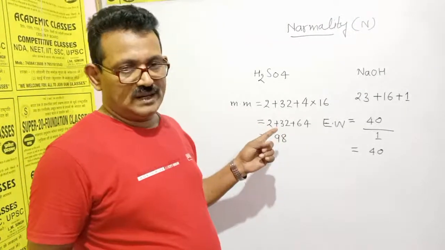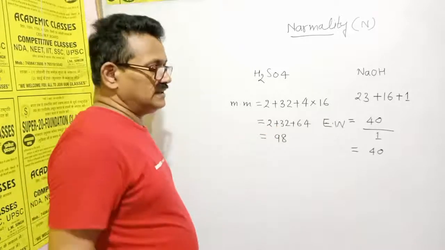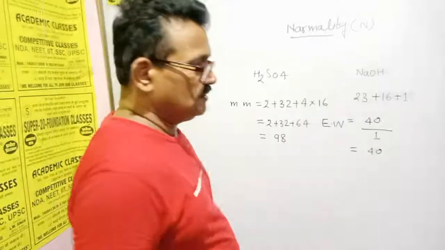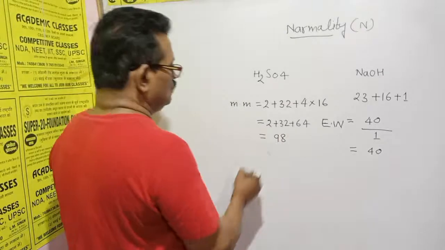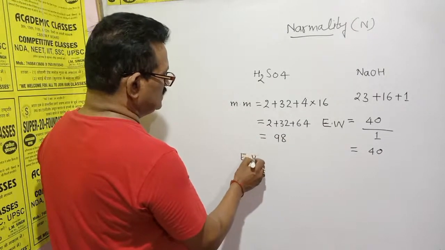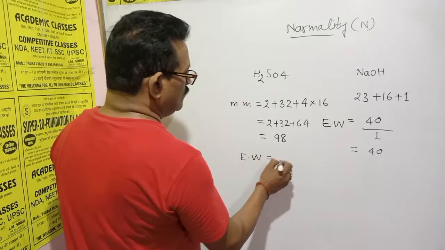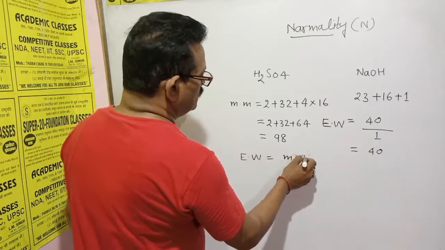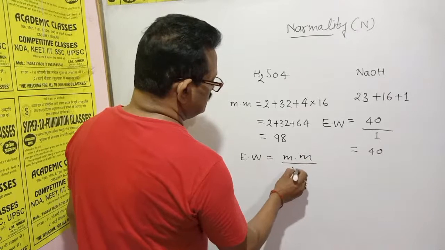The equivalent mass is equal to molar mass upon valency.